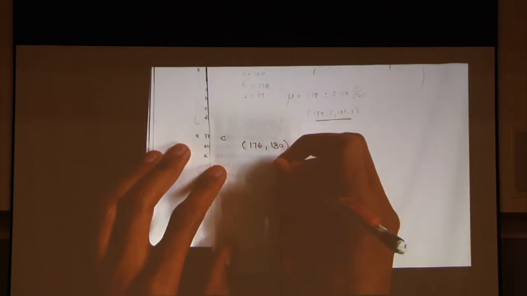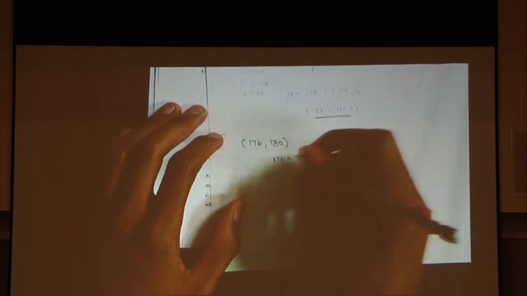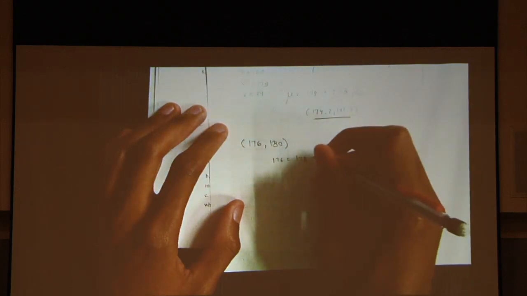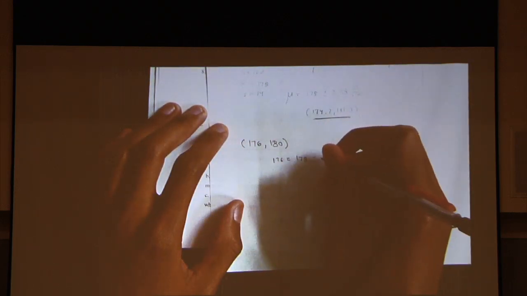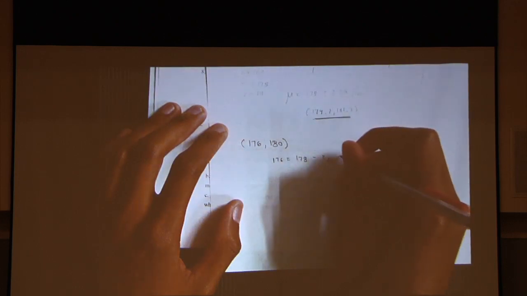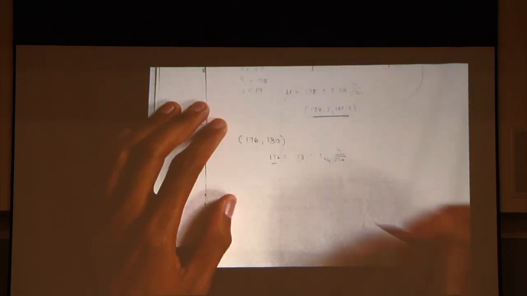So let's do the lower one first. So 176 is 178, because that was your mu, minus z alpha over 2 times 14 over the square root of 120. That's for the lower bound, right?